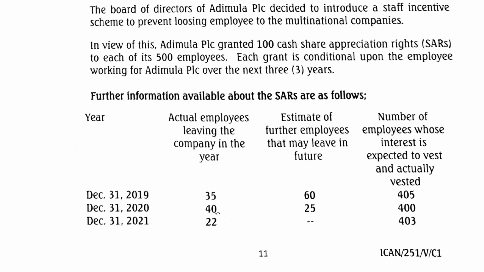We have the years December 31st, 2019, December 31st, 2020, and December 31st, 2021. Actual employees leaving the company in the year: 35, 40, and 22. Estimates of further employees that may leave in the future: 60, 25, and nothing. Number of employees whose interest is expected to vest and actually vested: 405, 400, and 403.